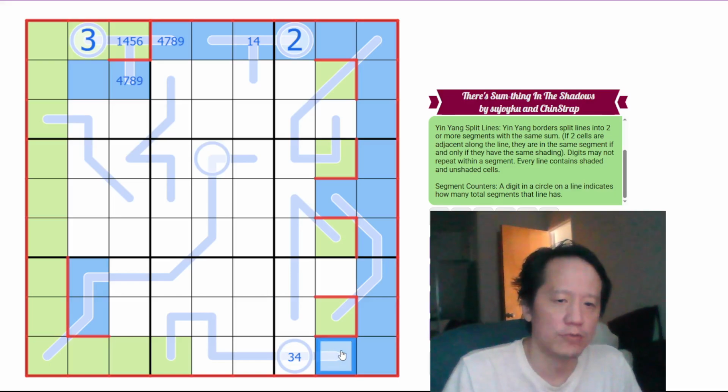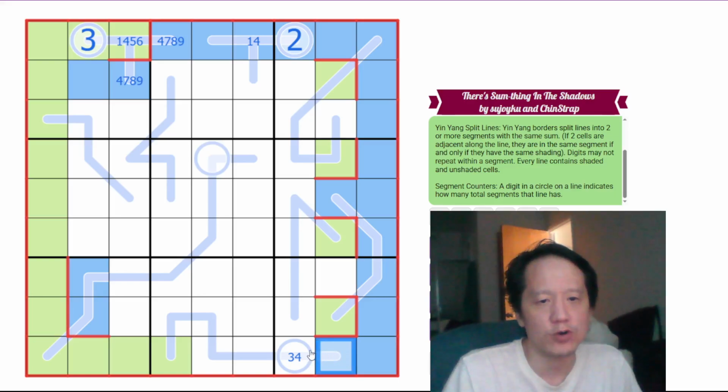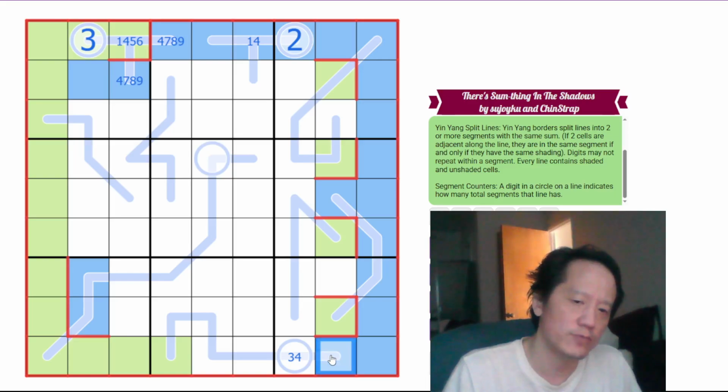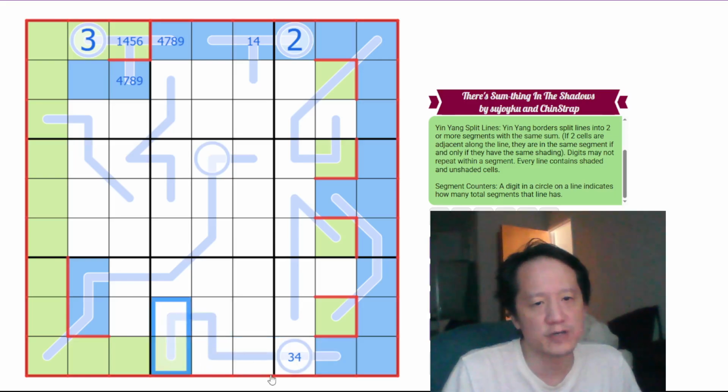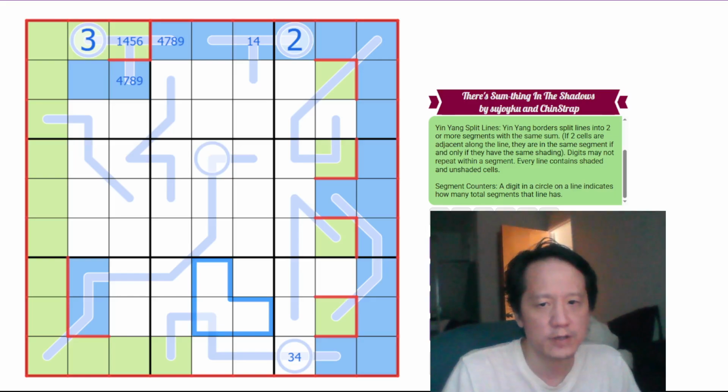Can this be 1? I guess it could, no. If this is 1, well, maybe. This could be 1 here, 1 here, 1, 2, 3, 4. That's possible. So this would be essentially a border going down that way, right?